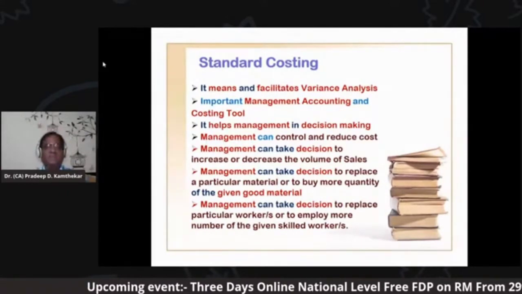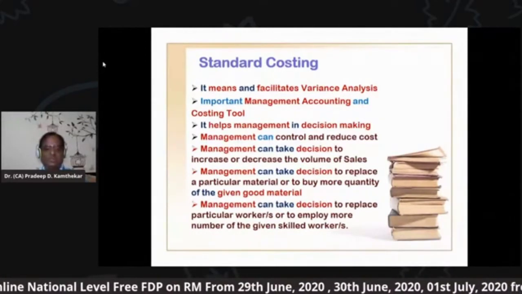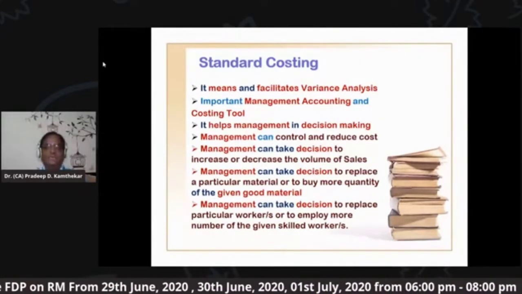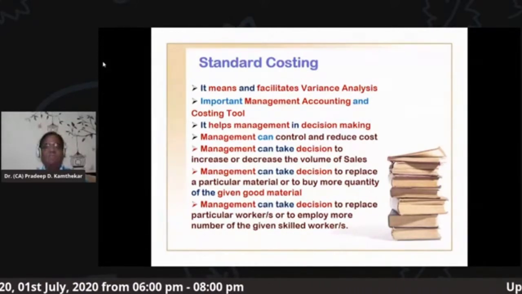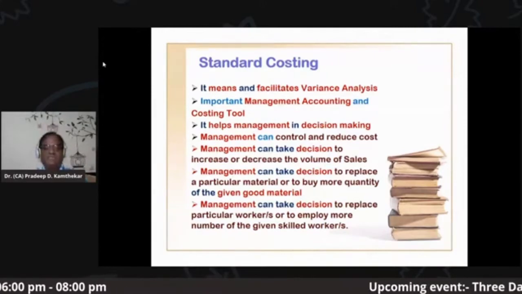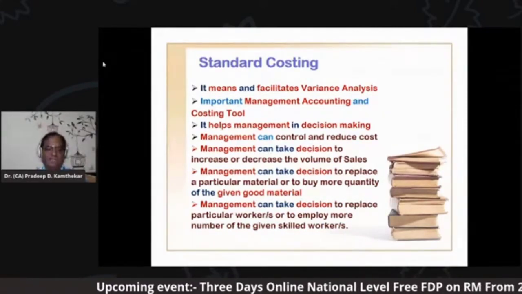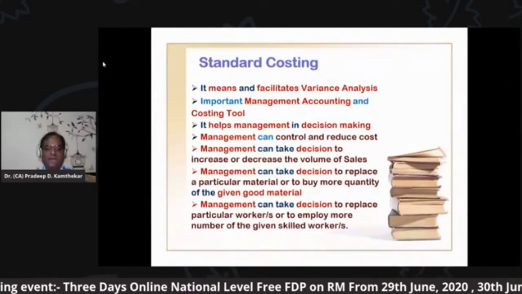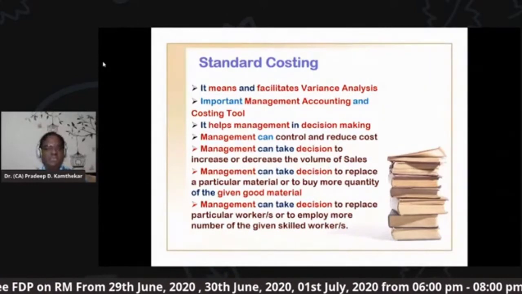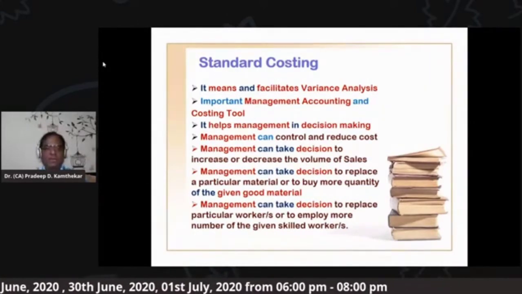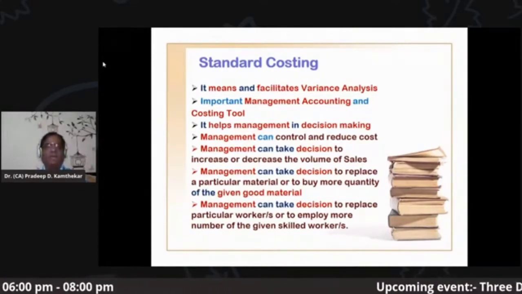So standard costing helps the management from that point of view to control the cost and reduce the cost to the extent possible, and to maximize the profit of the business. With this standard costing tool, management can also take a decision to either increase the business, that is the sales volume, or decrease the business, because it might happen many times that in a particular line of business there are so many competitors and things are not going right, then it's better to cut down on that business.